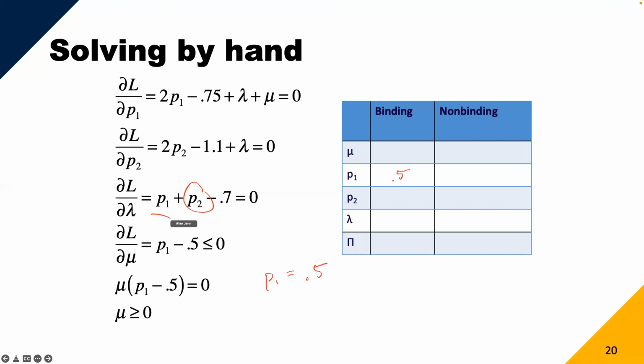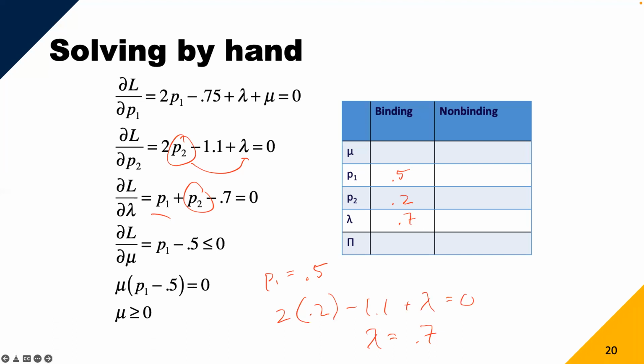So P2 would just be 0.2. Pretty straightforward. Now that I know P2, I can solve for lambda here. So 2 times 0.2 minus 1.1 plus lambda equals 0, and lambda would be equal to 0.7.